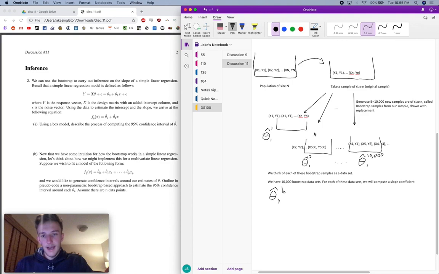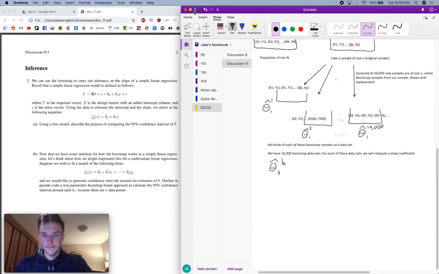Now we get to the crux of the question, which is asking: given that we have these slope coefficient estimates, how do we calculate a 95% confidence interval for the slope coefficient?